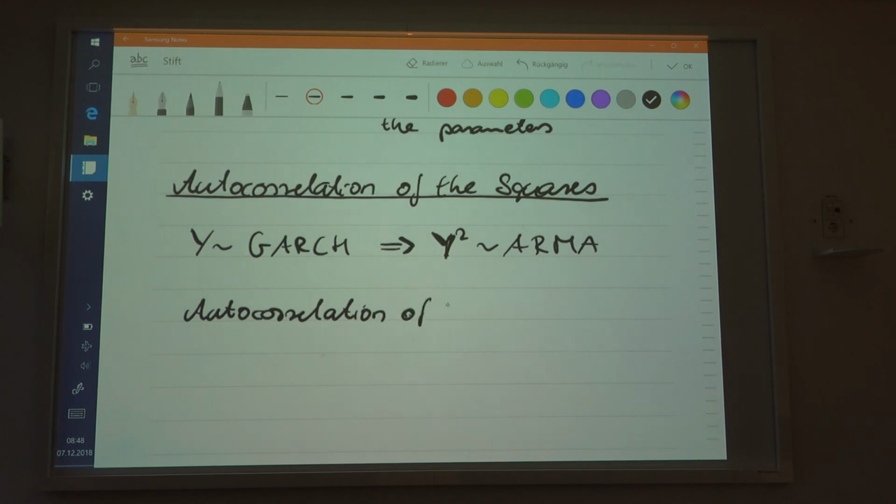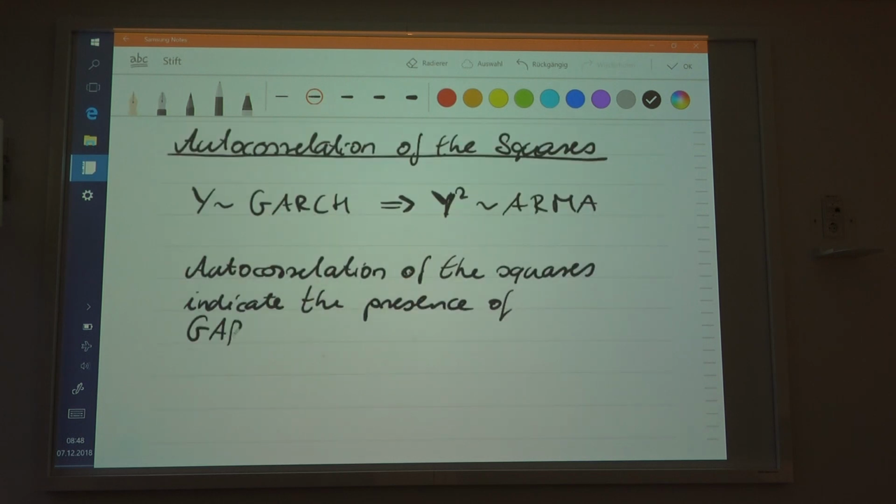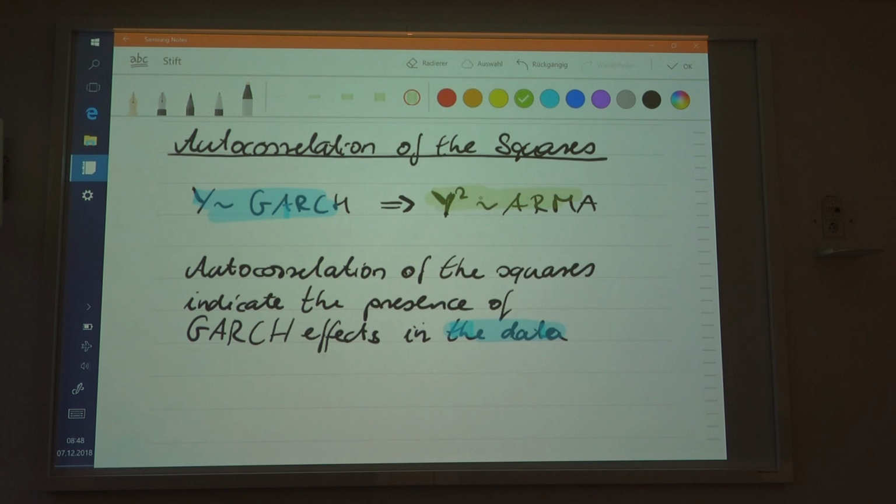I'm talking about the original data. So we take the square of the processes and test for autocorrelation.